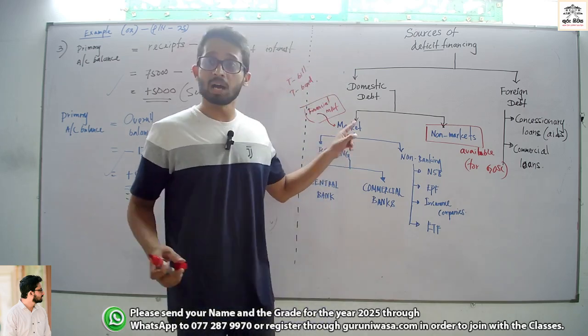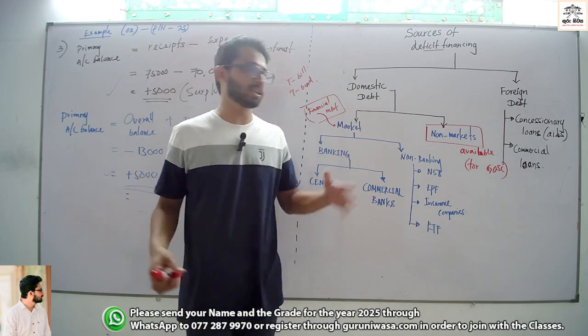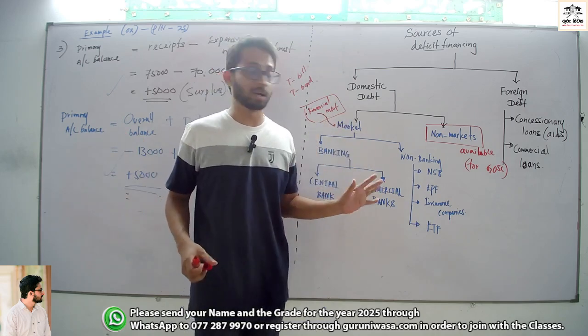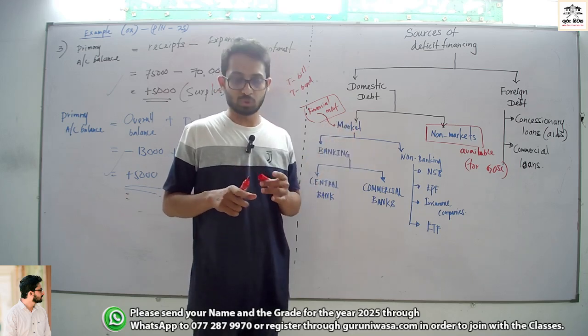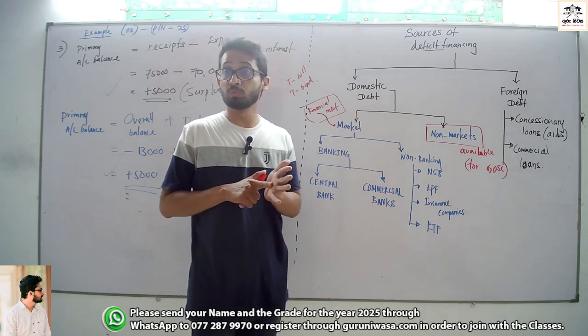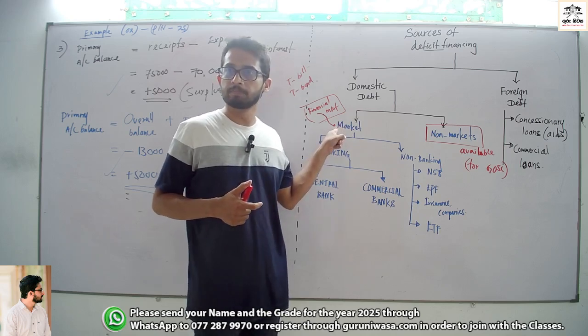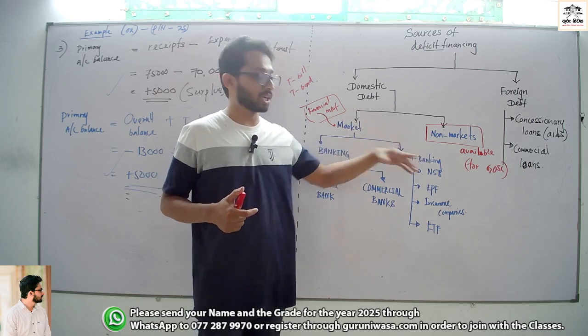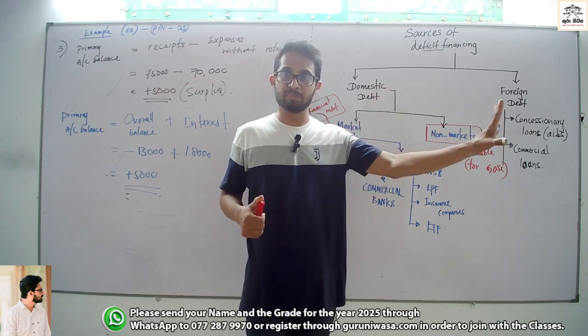But with market sources, even the private sector can borrow funds. For example, if John Keells company or Unilever wants to borrow funds, they can go to the financial market, but they can't go to non-market sources. Non-market funds are available only for the government.